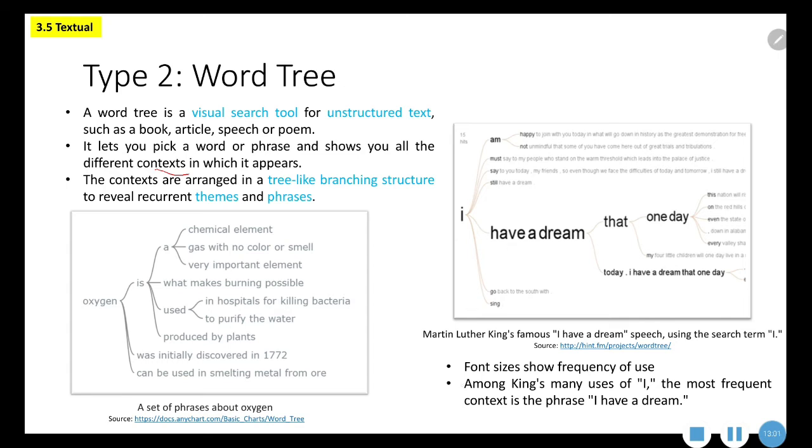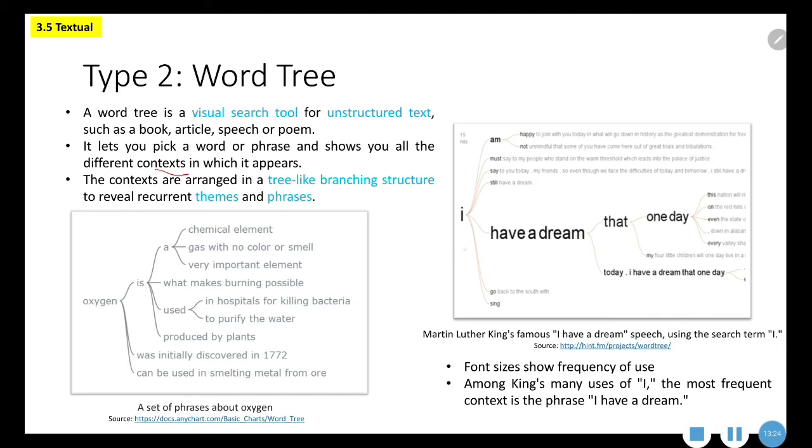The font size shows the frequency of the use of the word in the speech. So Martin used "I have a dream" the most. It looks the most prominent and salient, the most frequent context in his speech.